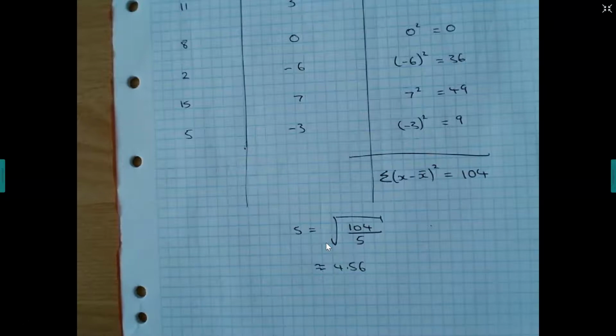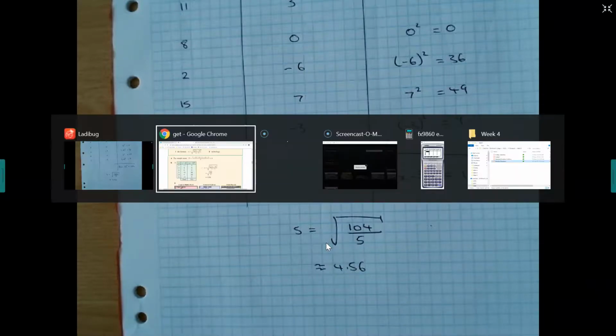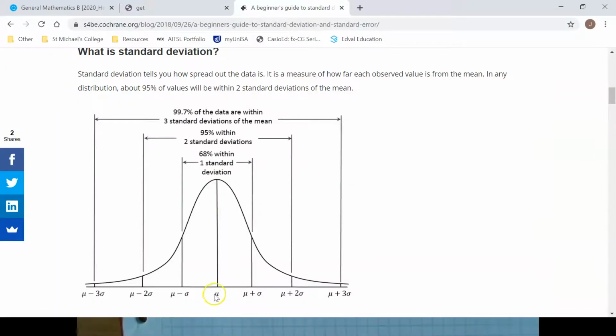So if you were to consider this graph that we had before, now again this is talking about a population mean rather than talking about a sample mean, but the principle is still the same. Here we have, if this was our mean, the sigma is represented by that standard deviation that we just found.